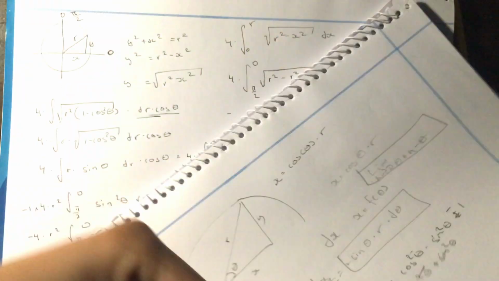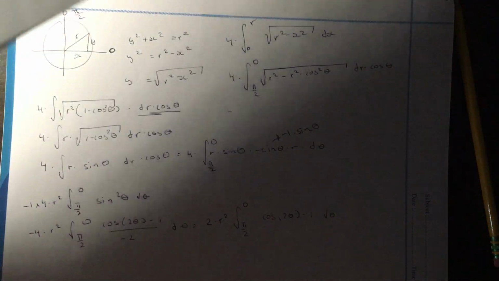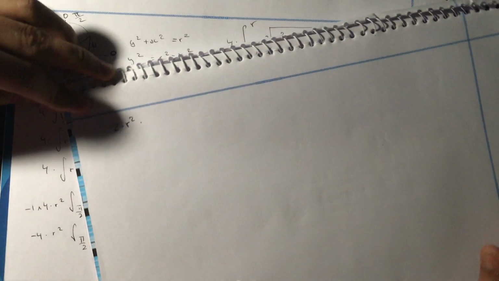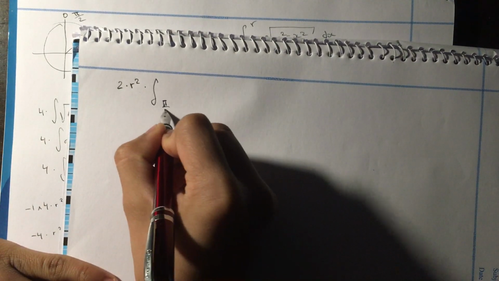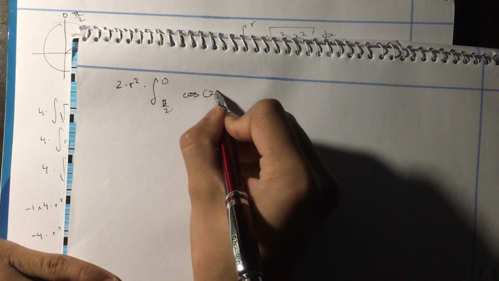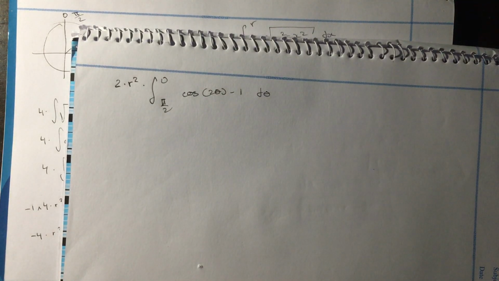Let's get a new paper so that it's not too crowded. Okay, so this is our integral. 2 times r squared times the integral from pi over 2 to 0 of cos of 2 theta subtract 1 with respect to theta.